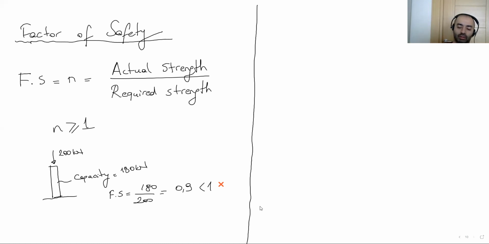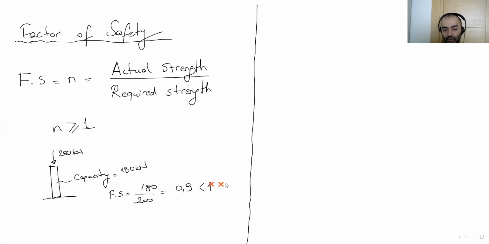There will be material effect, there will be workmanship effect. We may encounter different site conditions. That's why we suggest you to use 1.2, 1.3, or 1.5 for the factor of safety in professional life. But theoretically, if we have a factor of safety equal or greater than 1, it works.